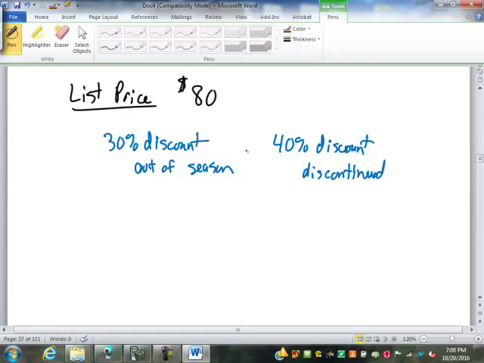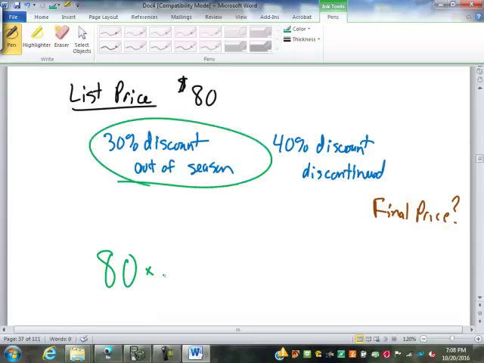To find the final price, if I use that method I just showed you, it's not so bad to do. I'm just going to take my original price, my list price of $80. What do I do for the first discount? Times 70% or 0.7.